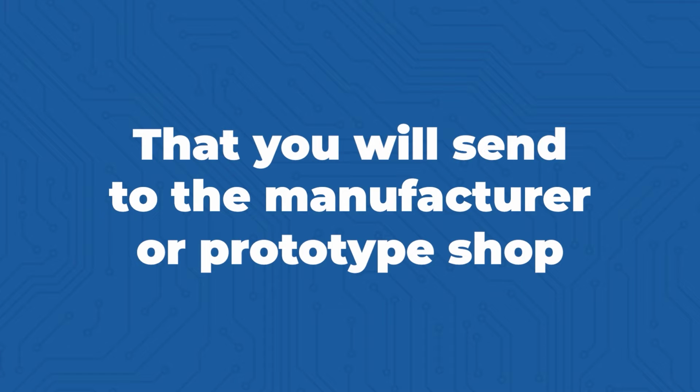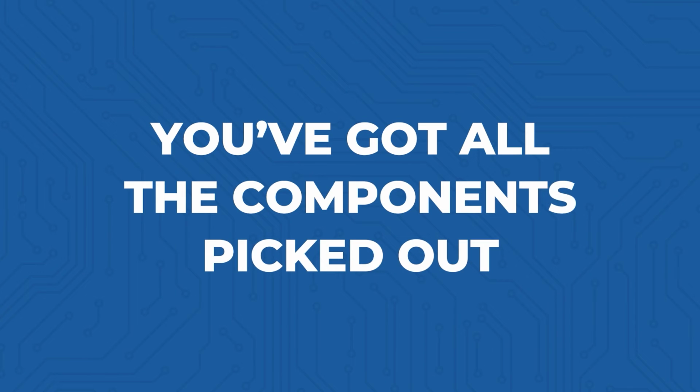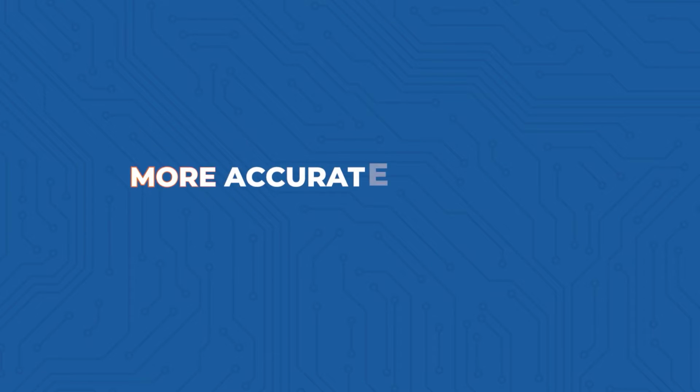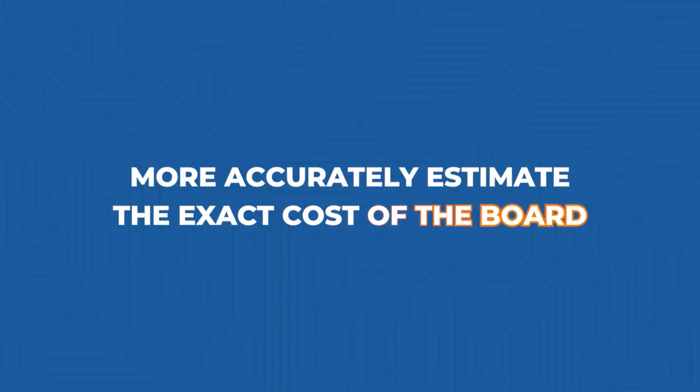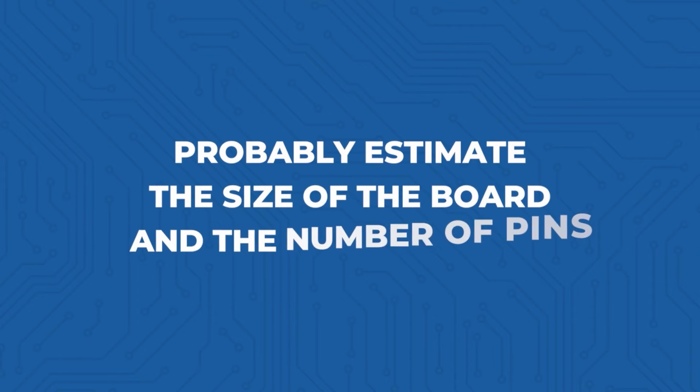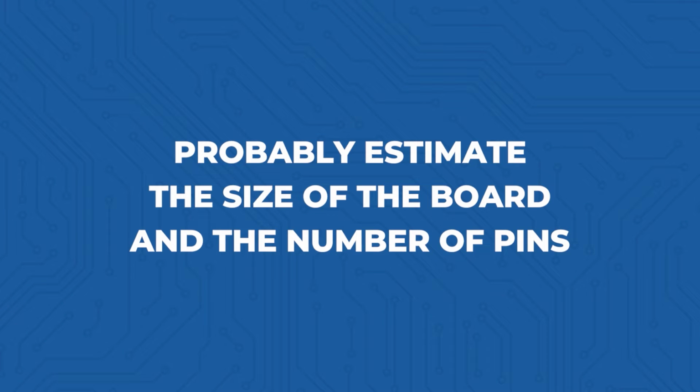We did some estimating of the manufacturing cost in the early research planning stages, but now you've got all the components picked out, including the smaller components, the passives. Now you can more accurately estimate the exact cost of the board. You also can probably estimate the size of the board a little better, the number of pins, so some of the characteristics that drive the cost of the PCB.